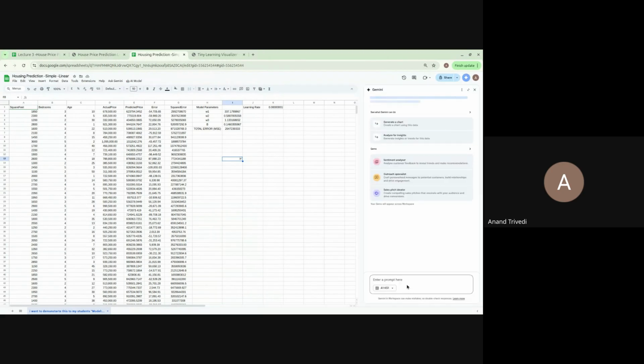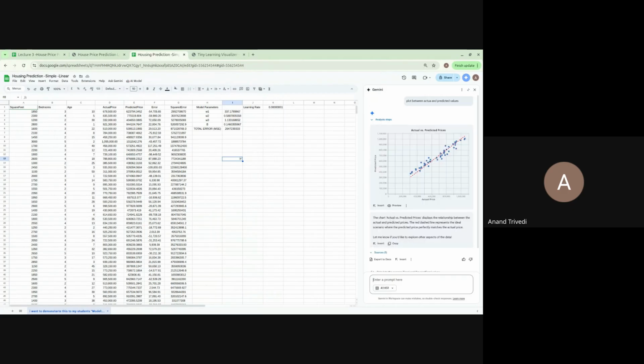Okay, so it has finished, and finally what we have is my actual and predicted values. Let me plot between actual and predicted values. How far are my actual and predicted values?